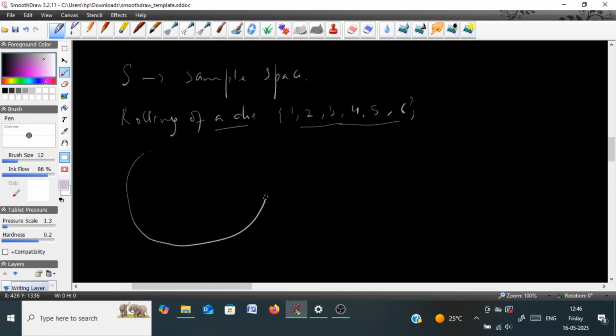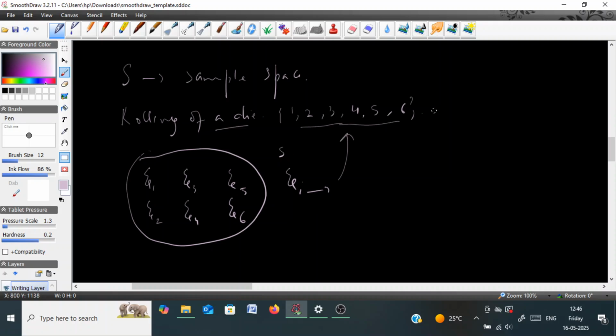So in the sample space S, you basically have 6 possible outcomes. I can say this is zeta 1, zeta 2, zeta 3, zeta 4, zeta 5 and zeta 6, where zeta i, the subscript i, denotes which number is going to appear on the die.